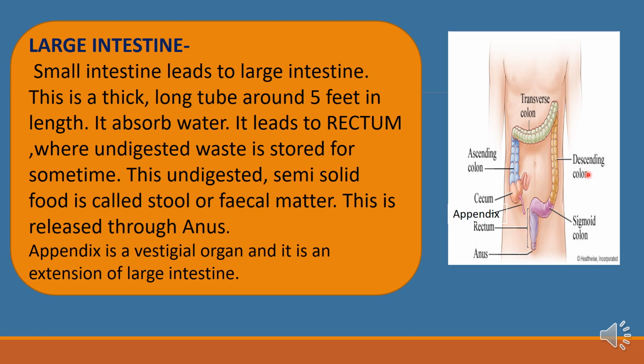So cecum, colon, and rectum help in releasing the waste, undigested food, from the body. The undigested semi-solid food is called stool or fecal matter, and this will be released by the anus.